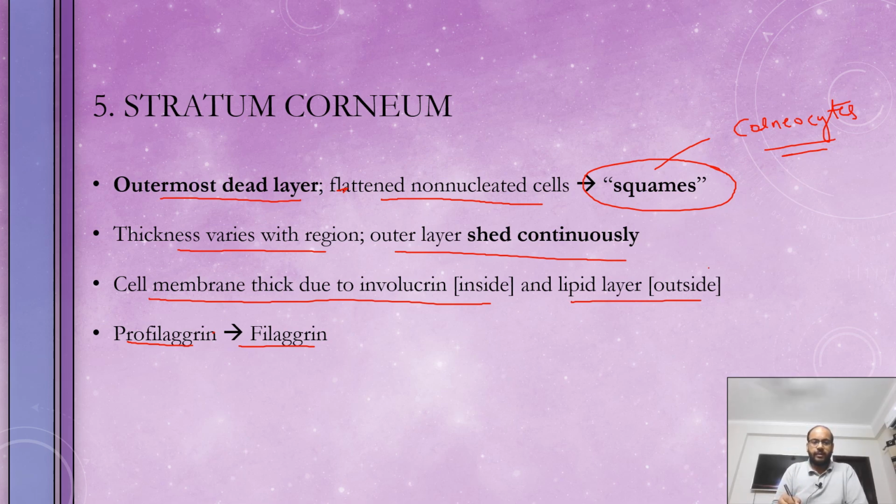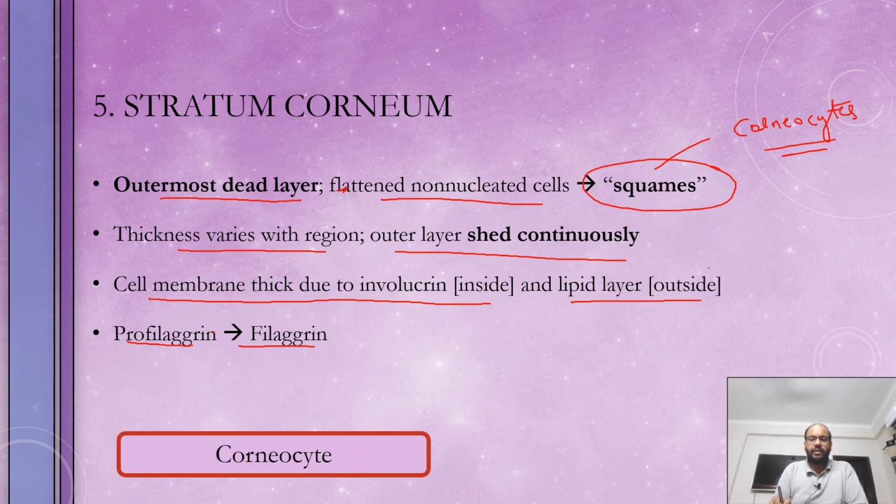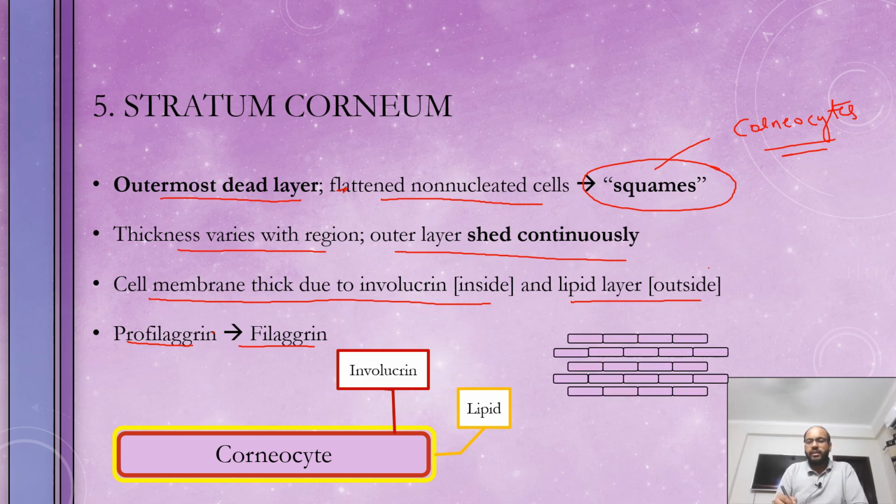Let's move forward. So here you can see you have a flattened corneocyte in red, and it is surrounded by a yellow part. The yellow part is the lipid which is outside the cell membrane, and the red part is involucrin which lines inside the cell membrane. Okay. So these pink bricks are actually individual corneocytes. And if we attach the outermost lipid layer, you have a background of yellow which is composed of lipids.